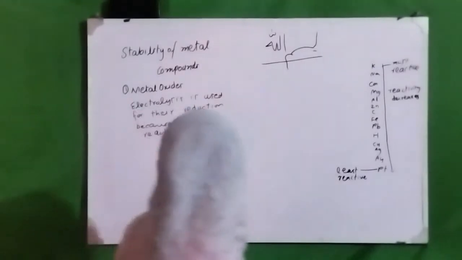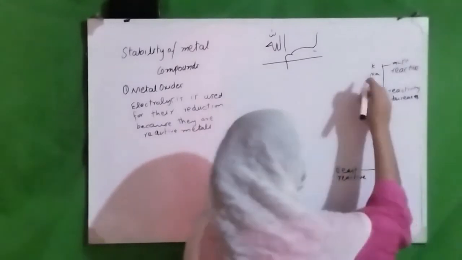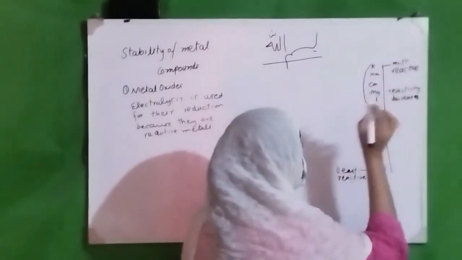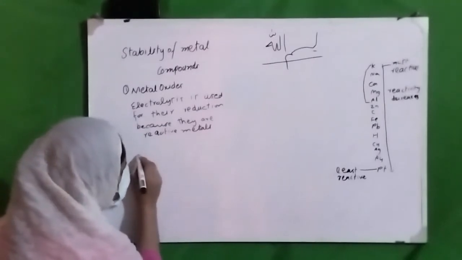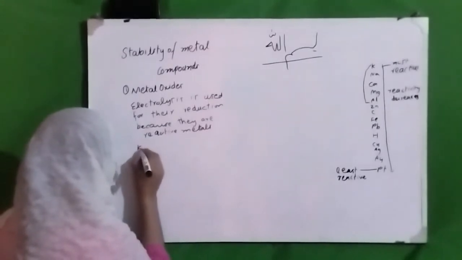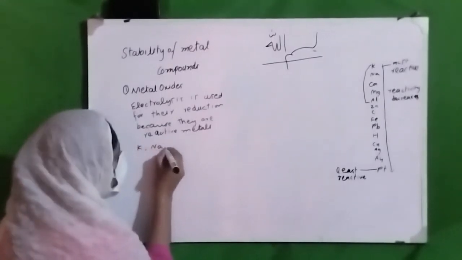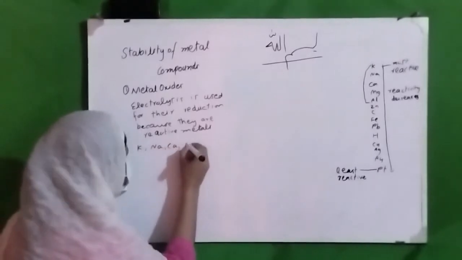This procedure is applied on the first five metals: potassium, sodium, calcium, magnesium and aluminium.